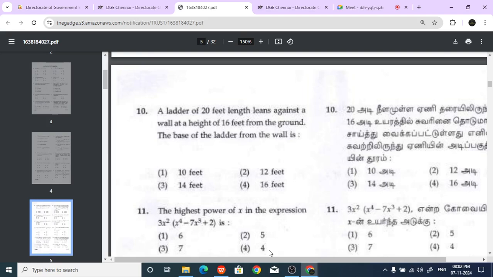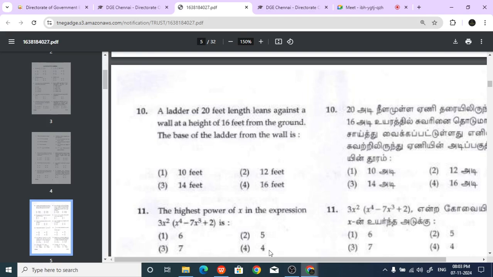Read question number 11, Palak. The highest power of x in the expression 3x square into bracket x raised to 4 minus 7x cube plus 2 is what? What is the highest power of x?